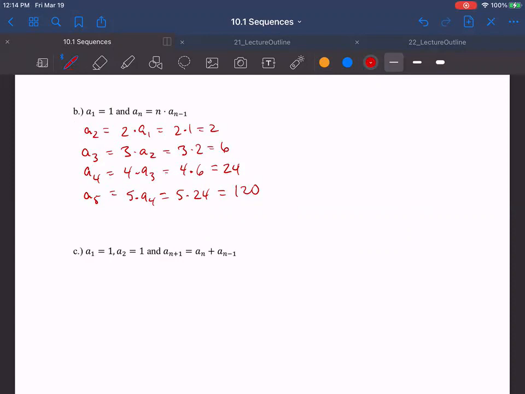Well, think about this. This first one starts off, we have 2 times 1. Then the next one, we have 3 times that result, that's 3 times 2 times 1. And then the next one, we have 4 times the previous result, which was 4 times 3 times 2 times 1. Just recursively.